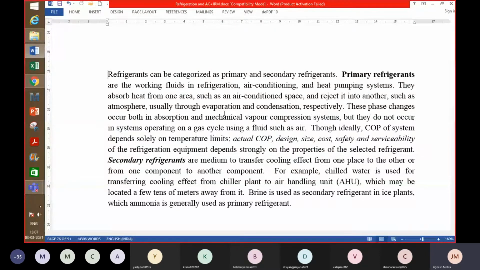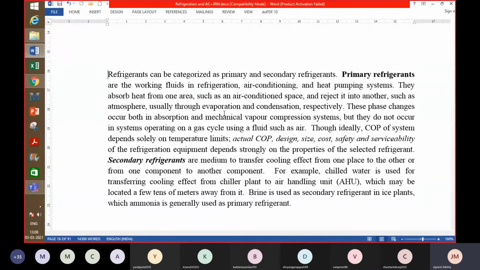So even air can be the primary refrigerant, but we'll have a separate discussion on that. In this chapter, we'll be mostly talking about the common refrigerants which are used in vapor compression refrigeration systems. Though ideally, the COP of a system depends solely on temperature limits, as per the reverse Carnot cycle thermodynamics calculations, it only depends upon the highest temperature and lowest temperature.